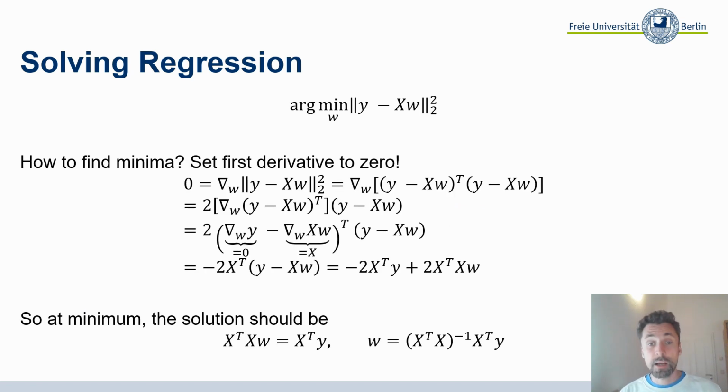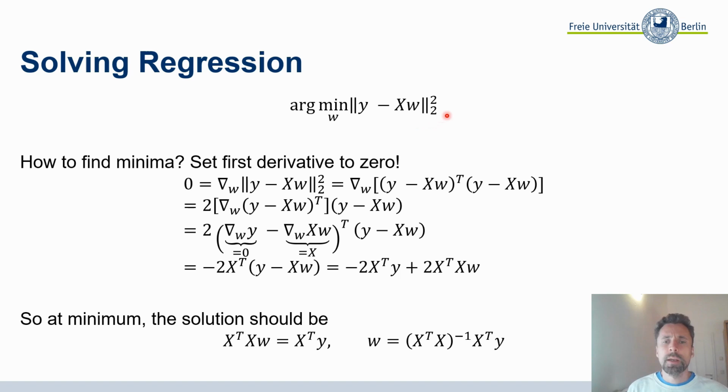Okay, so let's now solve for the parameters w and b. Now we will just look at w, and you can think of this as the w hat in the previous slide. So we want to solve for the parameters that minimize this expression, and we want not the minimum itself, we want the argument, so the parameters themselves that minimize this.